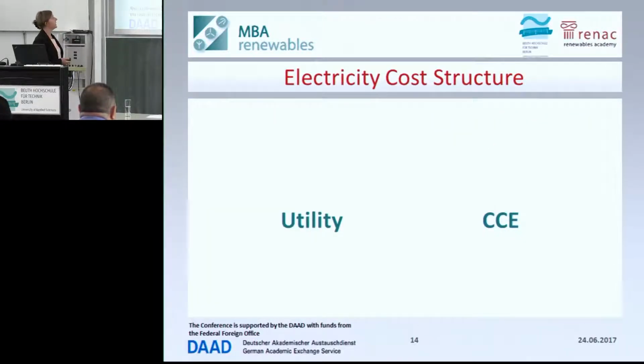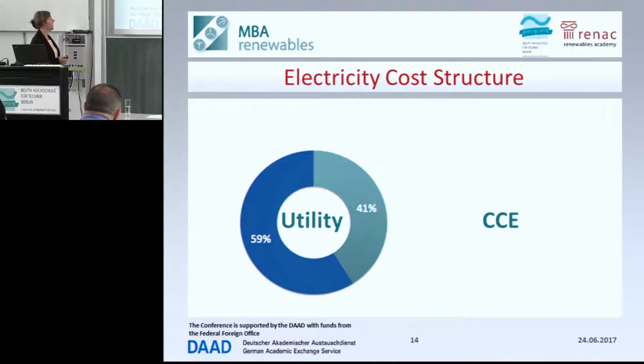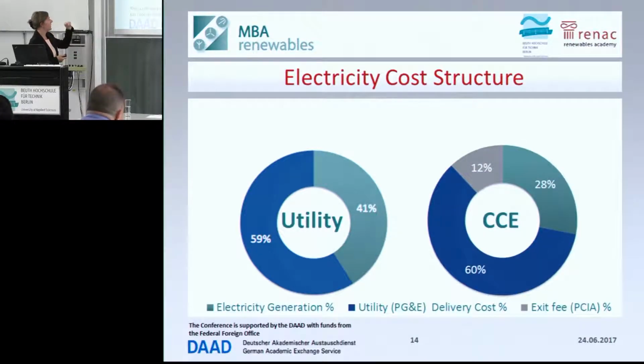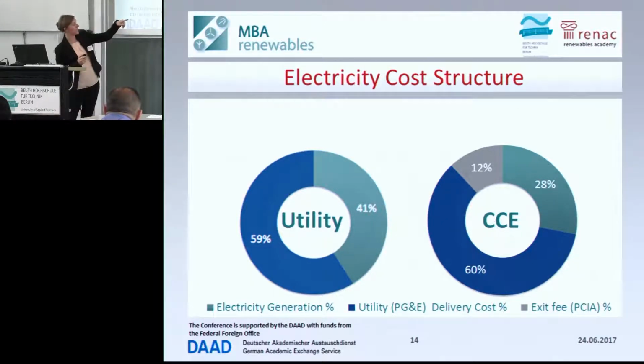And about the electricity cost structure, the utility has only 2 components, and CCE has 3 components. The utility has electricity generation and transmission, and CCE has one more, which is the exit fee. The exit fee is a fee that Community Choice Energy has to pay to the utility for taking over the customers.